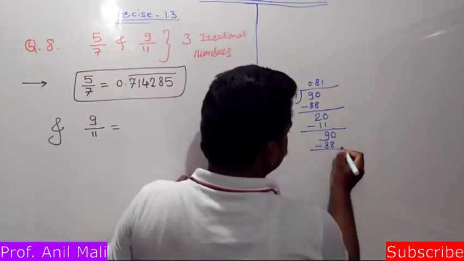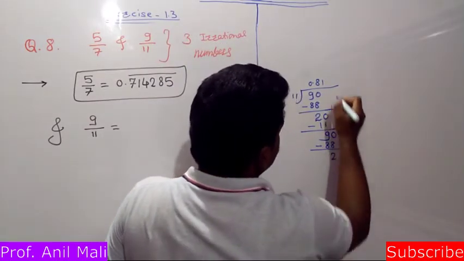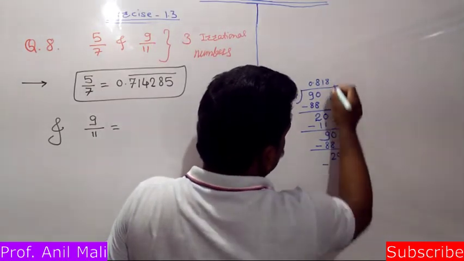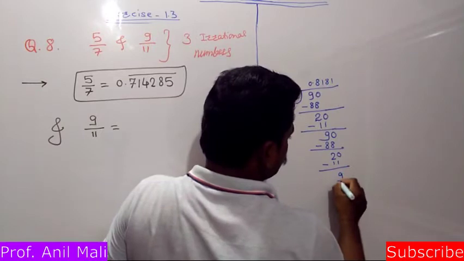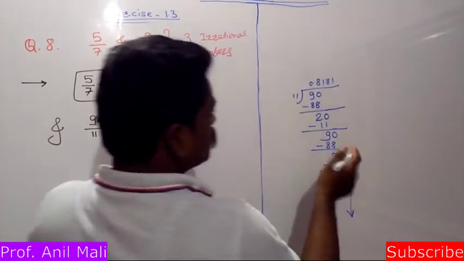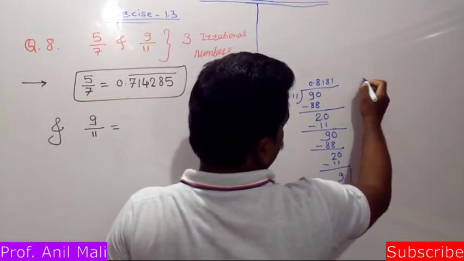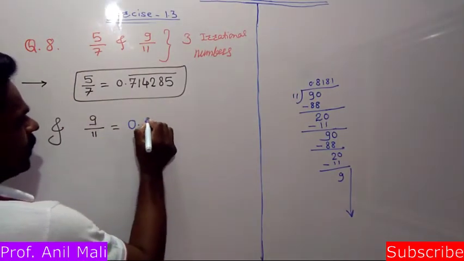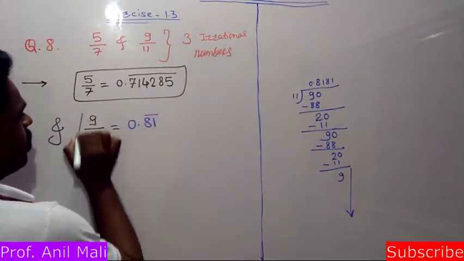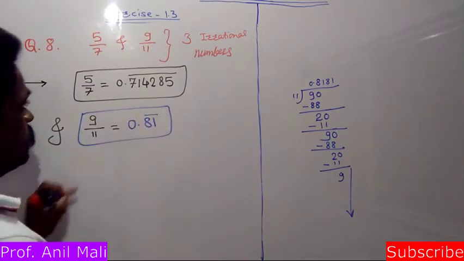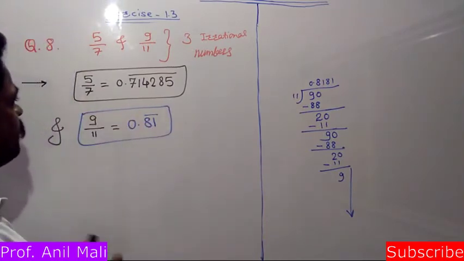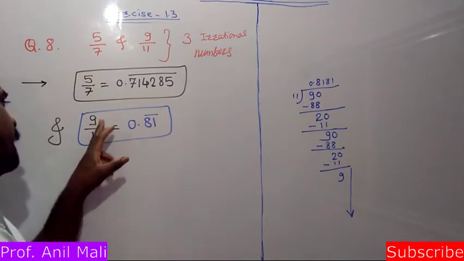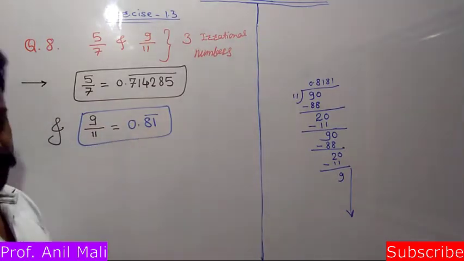From here it is going to repeat 81, 81, 81 and so on. So 9 by 11 is equal to 0.81 bar. This is the answer for 9 by 11. So 5 by 7 is equal to 0.714285 bar, and 9 by 11 is equal to 0.81 bar.